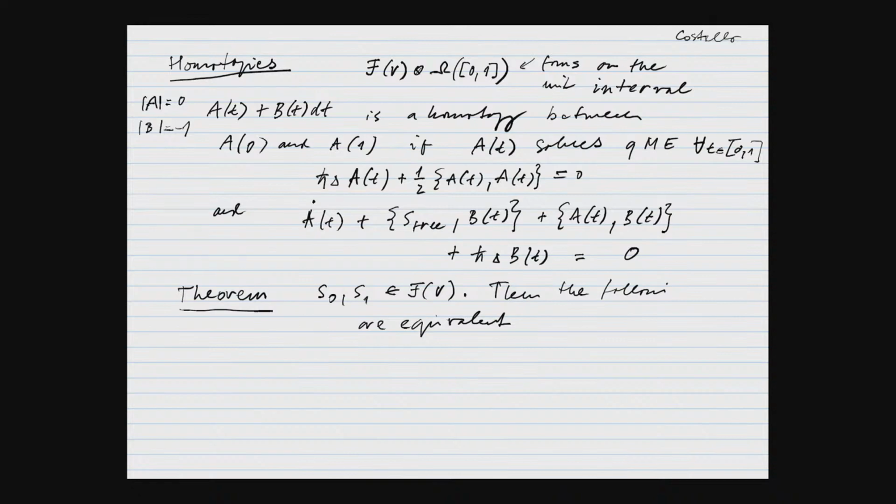And you say that this one form plus a 0 form is a homotopy between A at 0 and A at 1, if A_t solves the quantum master equation for every t, and the time evolution of A is given like this, using the BRST delta and B. Actually, once you impose this equation, then it's enough to assume that A solves the quantum master equation in one point, let's say in 0.